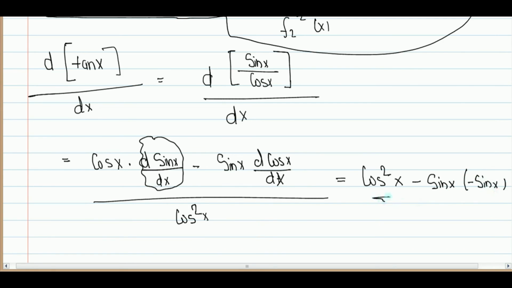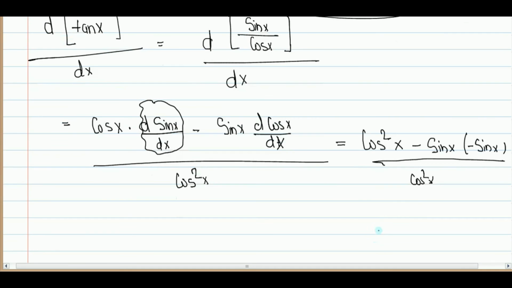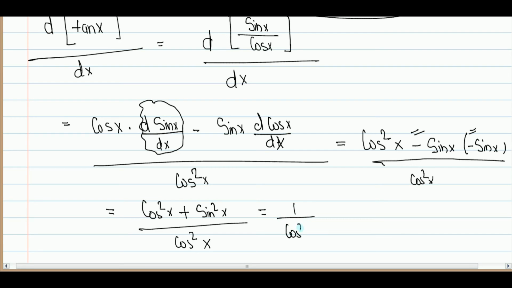So divided by cos square x, that will be equal to cos square x plus sin square x. This negative will become positive, divided by cos square x. Sin square x plus cos square x is equal to 1, divided by cos square x will be equal to sec square x.